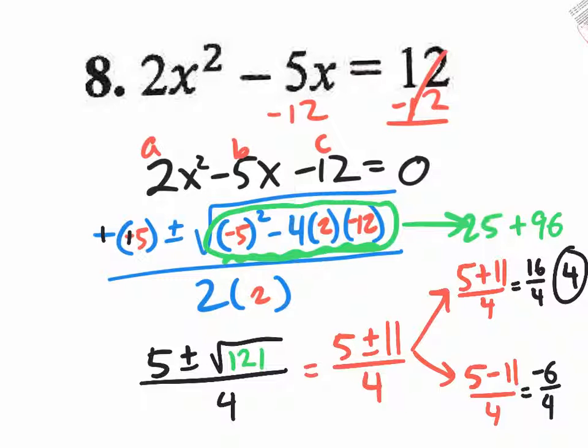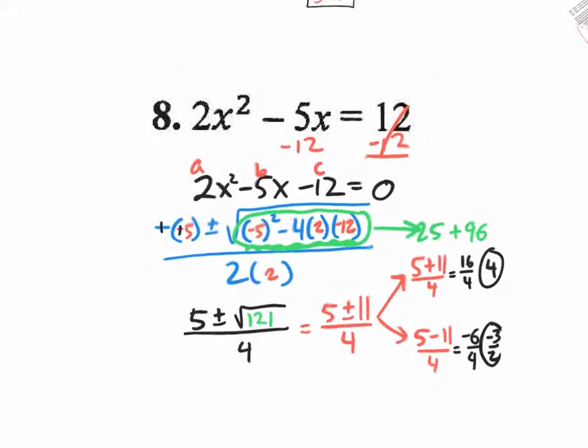Negative 6 divided by 4 is a fraction, negative 3/2. That's your final answer when you reduce it. So those are your 2 answers for number 8. If you check the back, it should have those 2 answers, 4 and negative 1.5 or negative 3/2. But that's how you solve it using the quadratic formula.